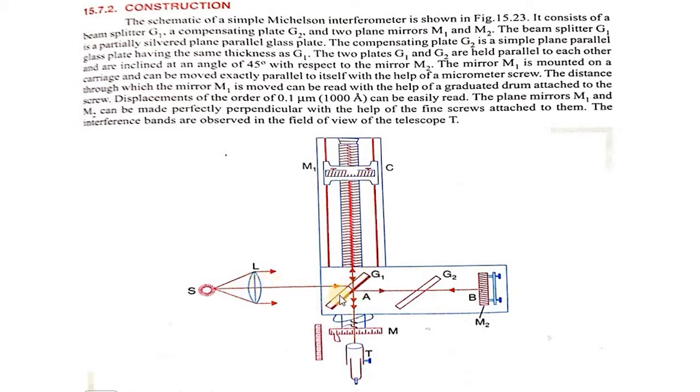So the light on reaching the glass plate enters it, undergoes refraction, and at the bottom side, which is a mirror, it undergoes reflection so as to reach the mirror M1, and the reflected light returns from the mirror M1 and passes through the glass plate G1.